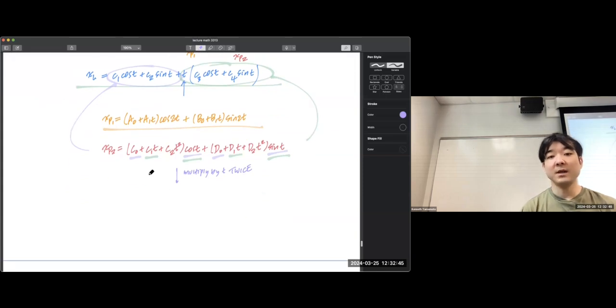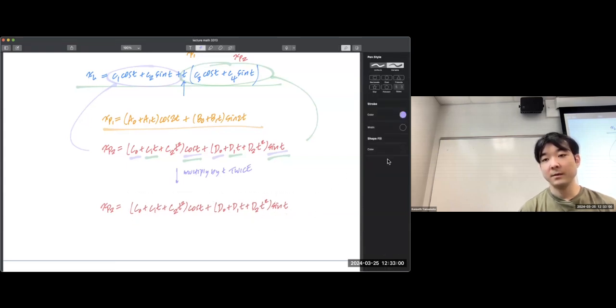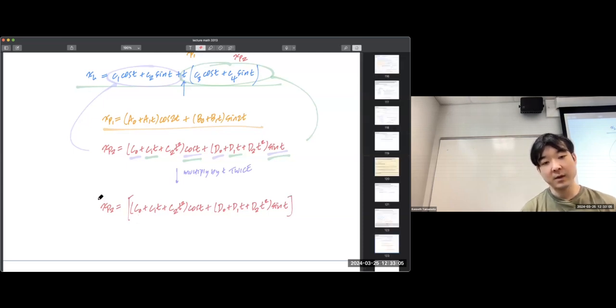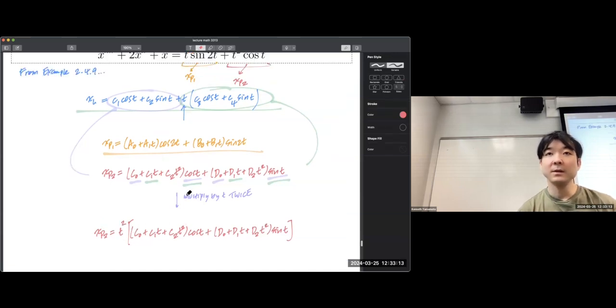Which means that I'm just going to copy this particular solution, put one giant bracket around it, and then put a t squared in front. There's no t squared up here, though.